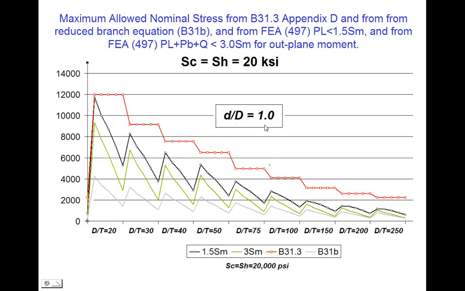Here's the same plot for d over D of 1. It's interesting now to look at the relationship between these four. For this particular D over T ratio, for a d over D of 1, these are t over T ratios. This is what the B31 code would allow for a nominal stress in the pipe, essentially around 7,500 psi. The 3 SM requirement would only allow 2,000 psi.